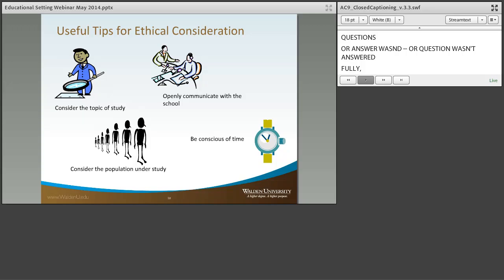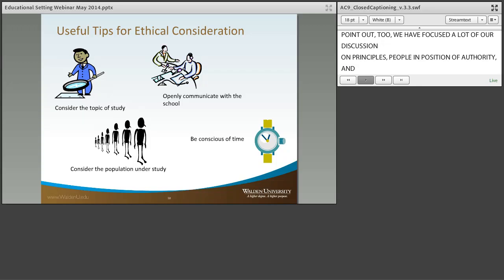Just to point out too, we have focused a lot of our discussion on principals, people in positions of authority. And the one thing I would also like to highlight is, when we're looking at the potential for perceived coercion, it's always top coming down.